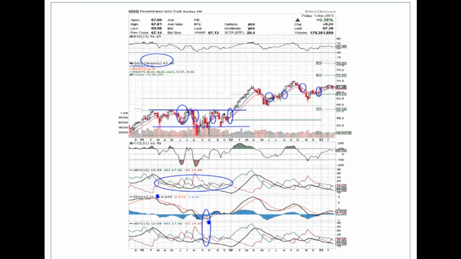There was one here down, here's one up, here's one down, here's one up, another one didn't quite go down, but then more distinctively going up. And then there's some over here where it crossed down, crossed back up, crossed down, crossed back up.